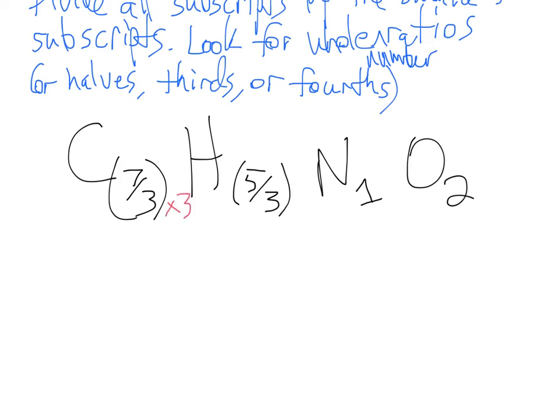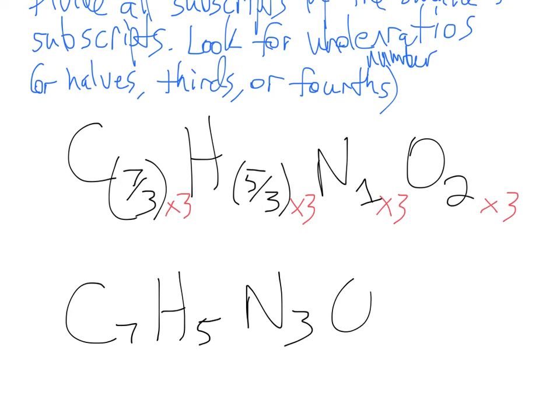So take 7/3 times 3, because I see the denominator is 3 in those fractions. 5/3 times 3, 1 times 3, and 2 times 3. And you end up with C7H5N3O6. And bada bing, bada boom, you have your empirical formula. Easy.